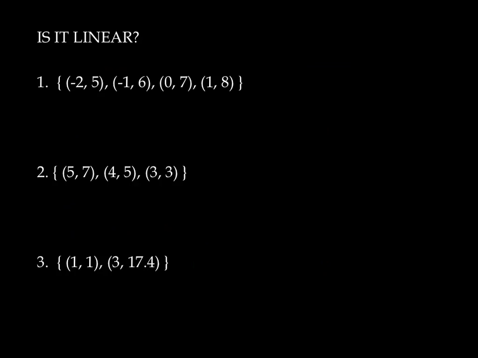Okay, next question. Is it linear again? This time we're looking at a set of ordered pairs. Again, I just simply look to see, as I change my x values, do my y values change as well? So, adding 1 to my x value down below, oh look, my y value goes up 1.